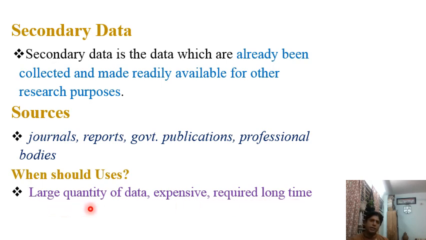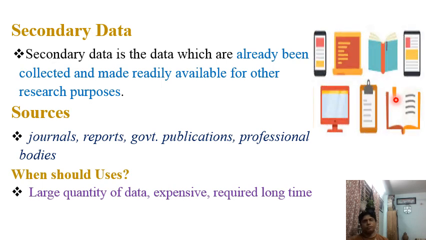When these three factors are considered for the usage of data, then we will use secondary data. These are graphical presentations of some sources of data: books, others, organization websites, and various sources of data that are already published. It is secondary data.